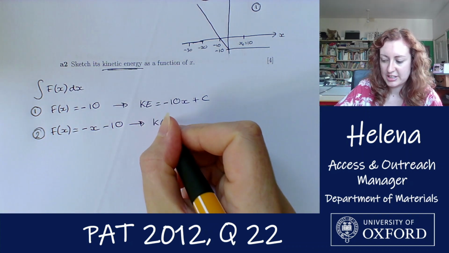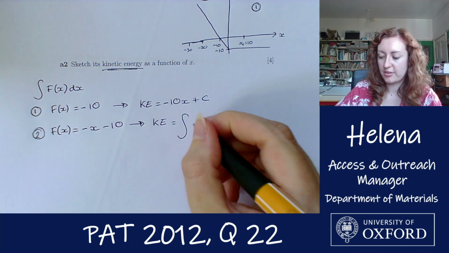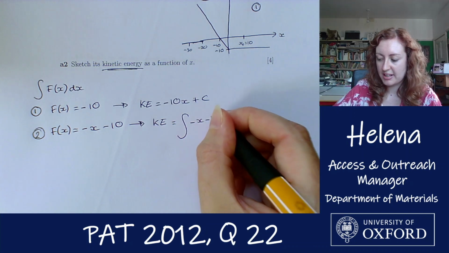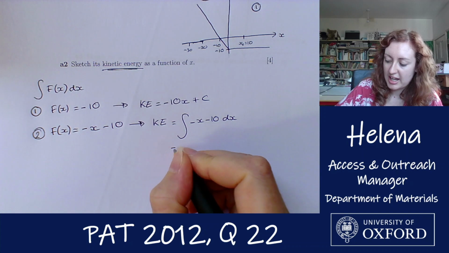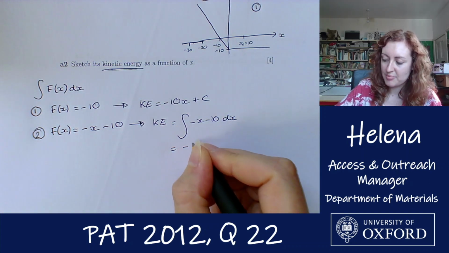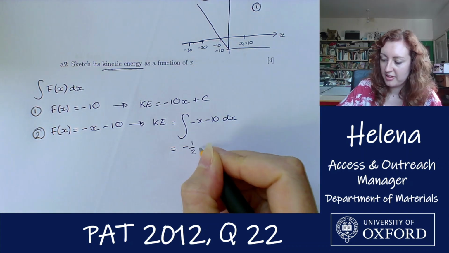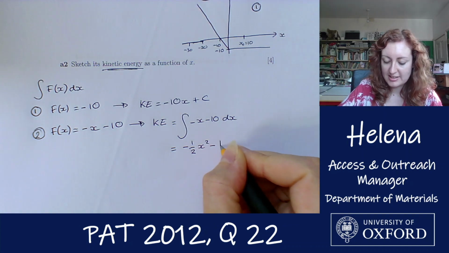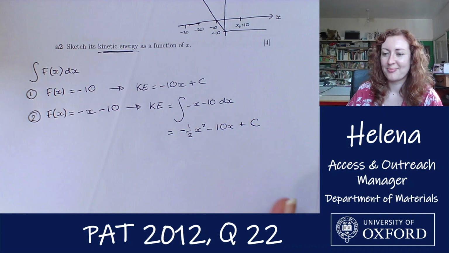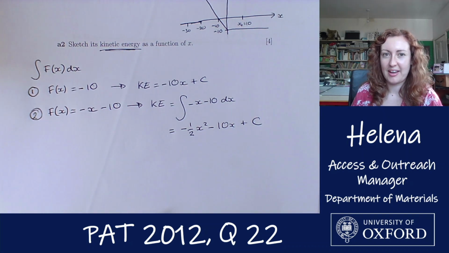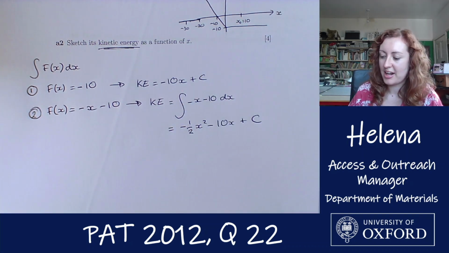Okay, so the kinetic energy here is equal to the integral of -x minus 10 dx. If we do that, we find that it is equal to -1/2 x squared minus 10x plus c. Don't forget the plus c. And we can work out what the constant is by looking at this graph.